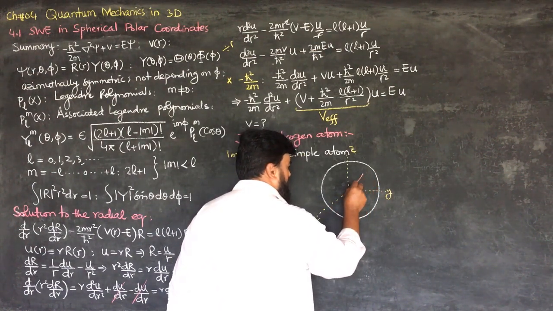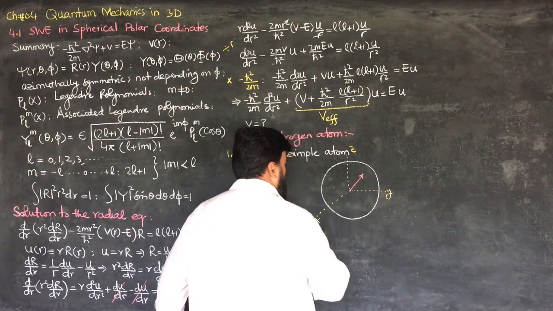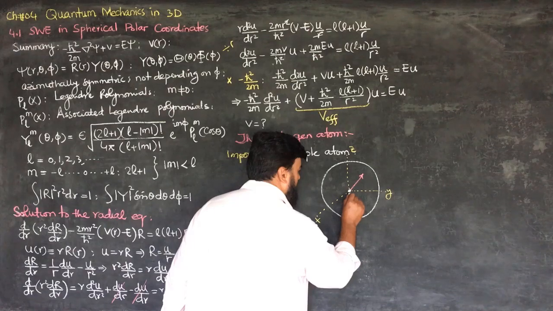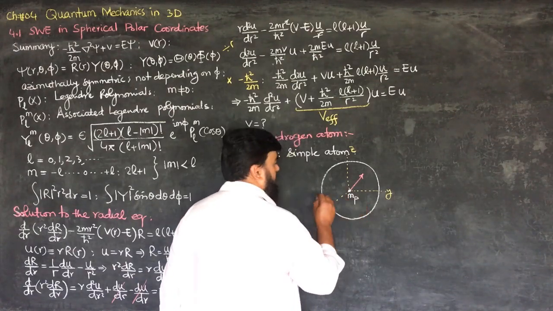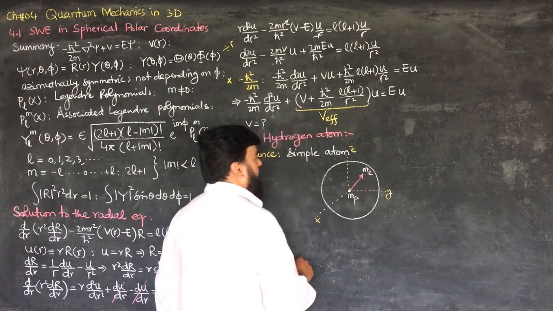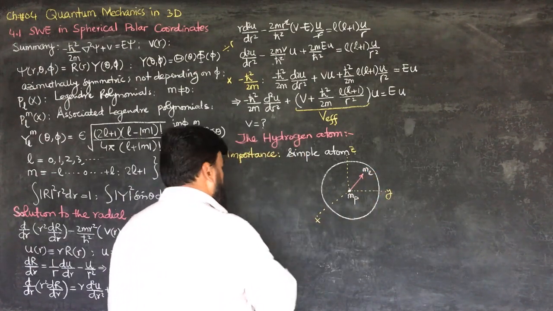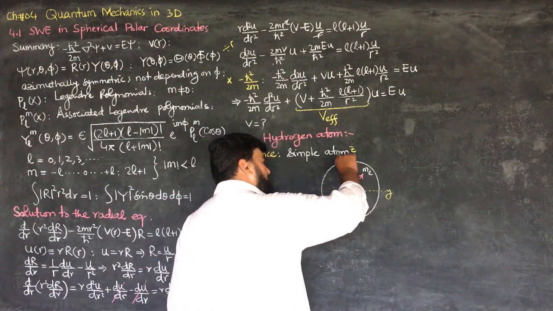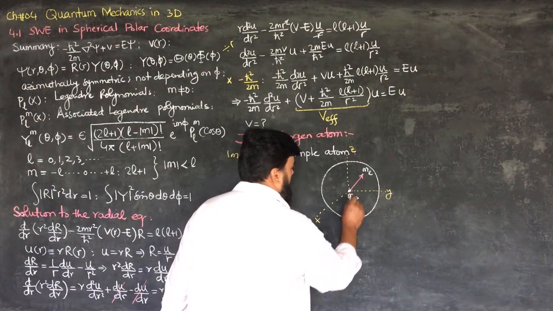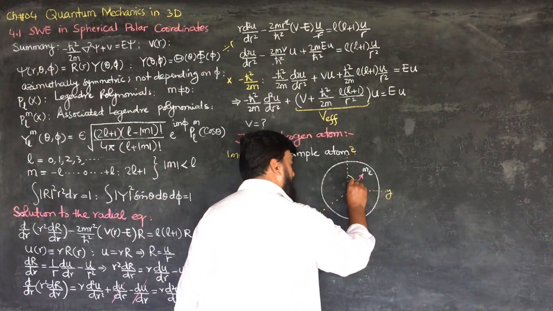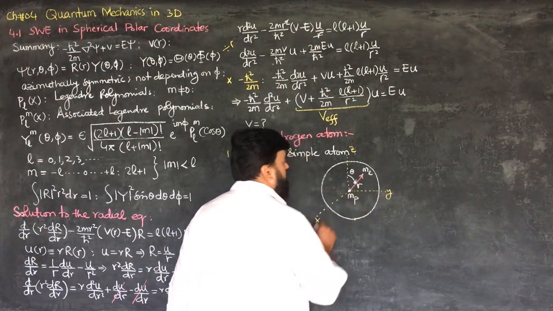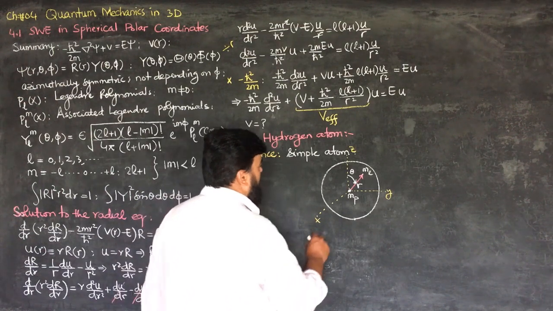And here I'm having the proton at the center of this atom, which is the nucleus, and here on the surface of this sphere I am having an electron. Now this electron, if it goes along the z-axis from here to here, then this will make an angle theta, and it is at a distance r from the origin or from the center.